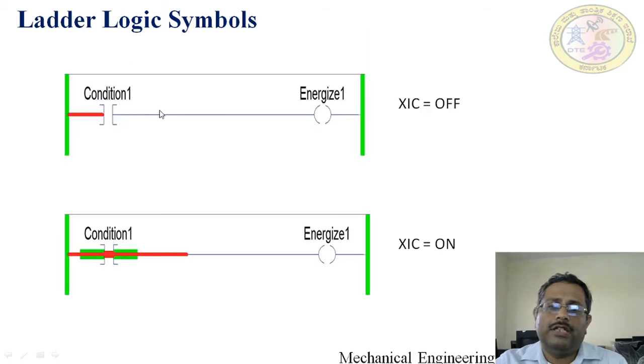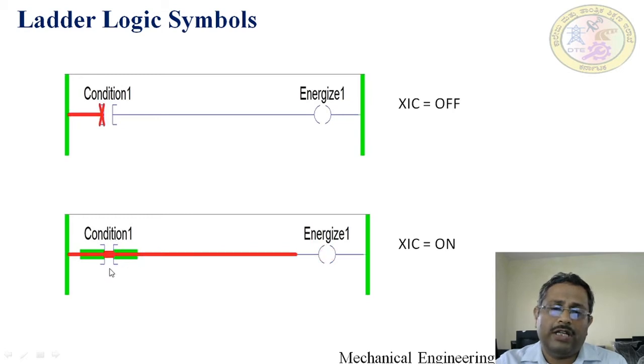See here, this animation represents the XIC, meaning the normally open switch working. When the normally open switch contact is in the open condition, the output will not be energized, because the flow ends here itself. If the normally open contact is in the closed condition, meaning it is on, when the button is on, the open contact will be closed.